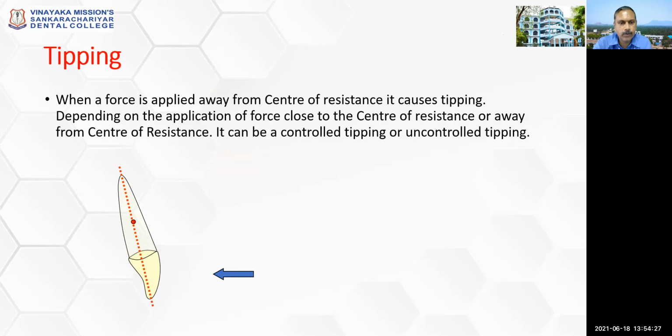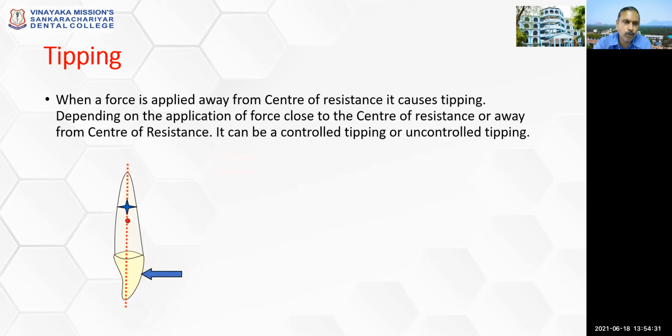See now, a force is applied and this force is creating a movement of the tooth and the tooth moves to the next position, that is called tipping. Depending on the application of force, away from the center of resistance or closer to the center of resistance, you can have two types of tipping. One is controlled tipping, another one is uncontrolled tipping.